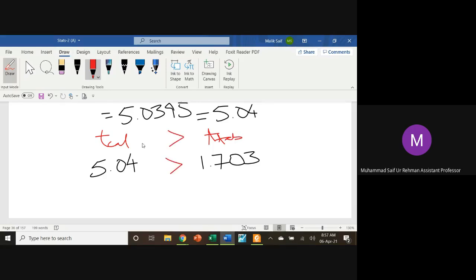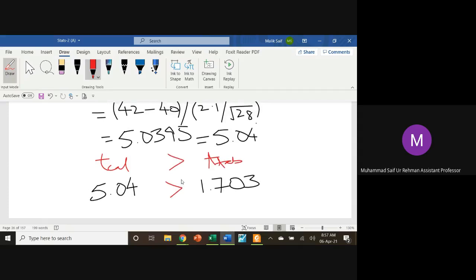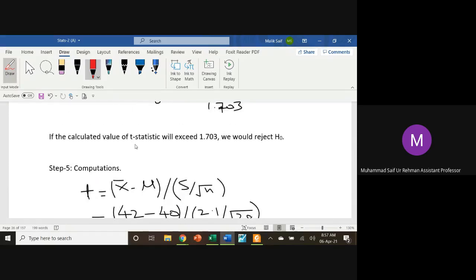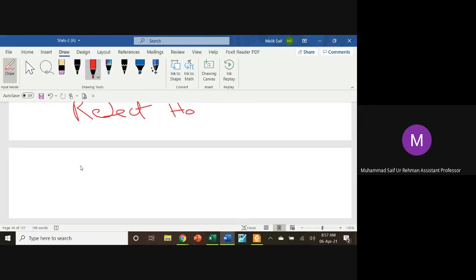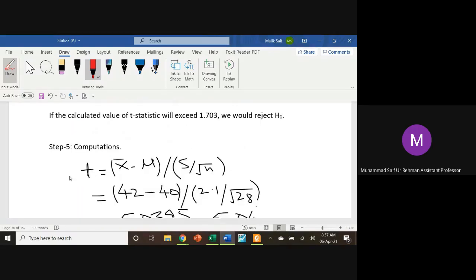So we have already said that if our calculated value will exceed this value, we would reject H naught. So in this case, you would reject H naught. So here you will write down reject H naught. Fine. Then there comes step 6.